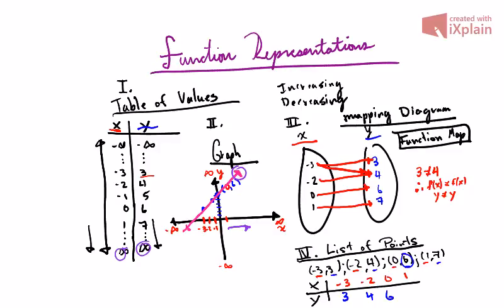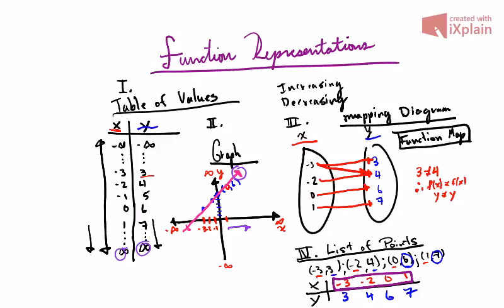When x is 1, y equals 7. So I can determine whether or not the list of values is a function or a relation by looking at these values. If any of these x values repeat in the list, then it's not going to be a function.